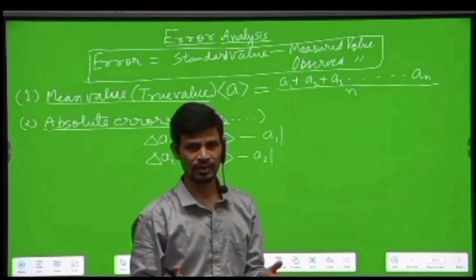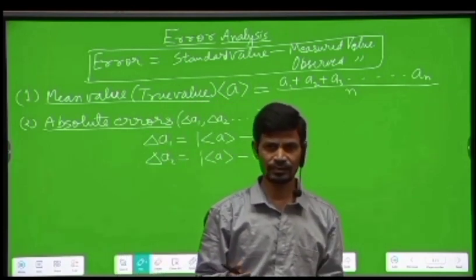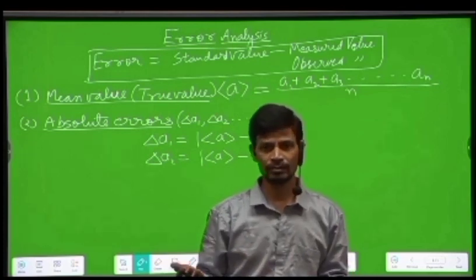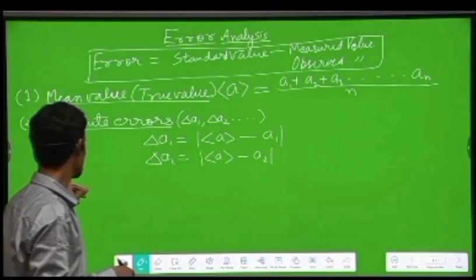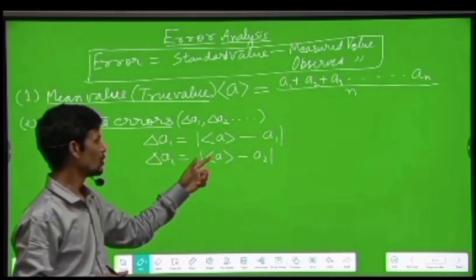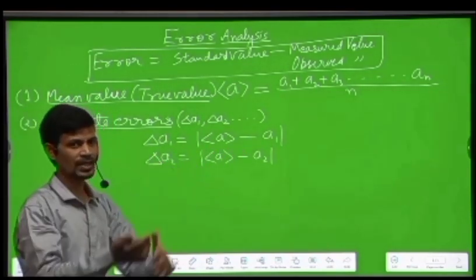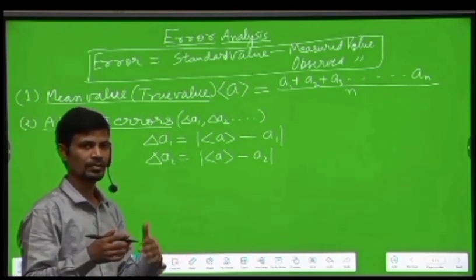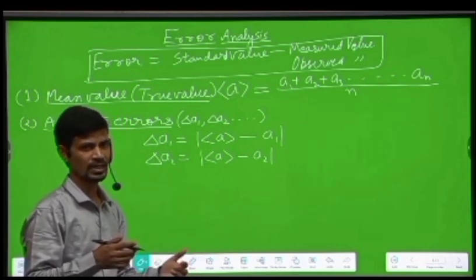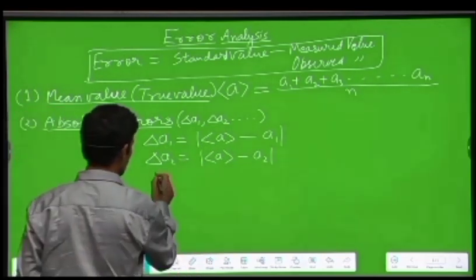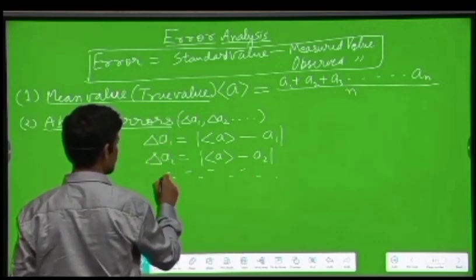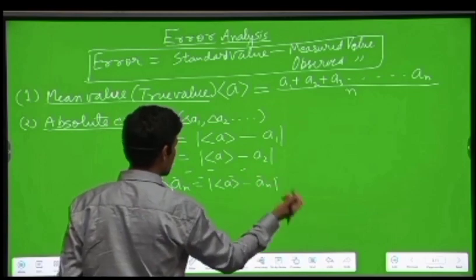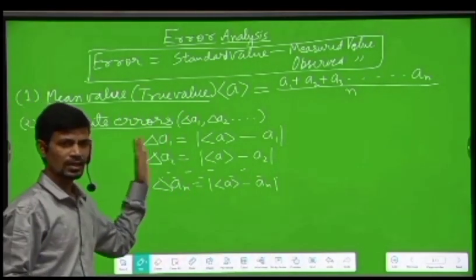If some observation is negative of some number, -3, as I have given as an example, we could believe that it could sometimes be +3 also. So that is why we consider this error as just a number, and then we express it with a plus minus sign. It means it can be a little bit more than this and a little bit less than this also. Okay, so proceeding like this, there will be delta An, which will be A minus An. These are absolute errors, the individual errors.